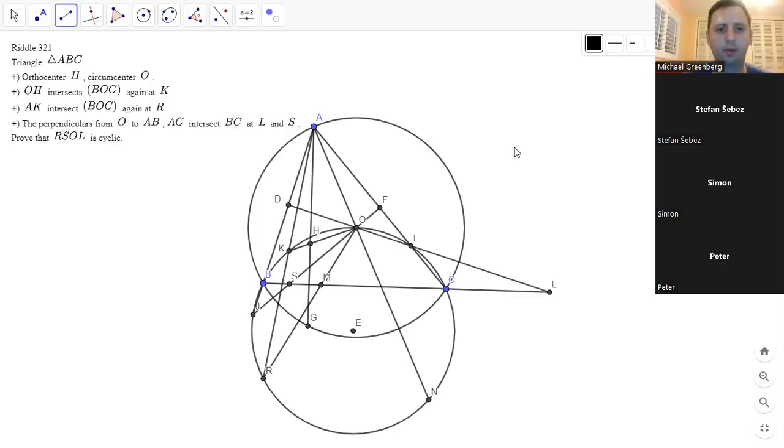I wonder if that might be easier. Yeah, the key is how point K is defined. We're letting OH intersect the circle at K.